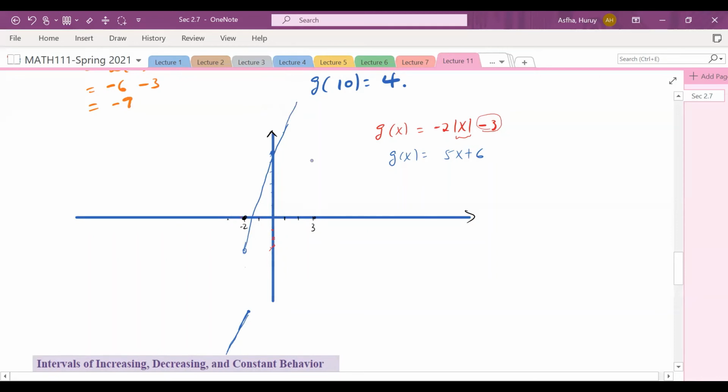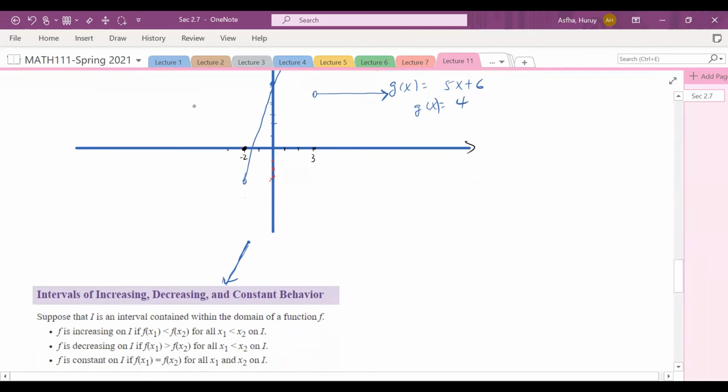So it goes up to this line, and then for x values greater than or equal to 3, the function is defined by g of x equals 4. So starting here, we have a straight line like this one. We put an arrow on this one and on this one. So this is how we plot a graph of a piecewise function.